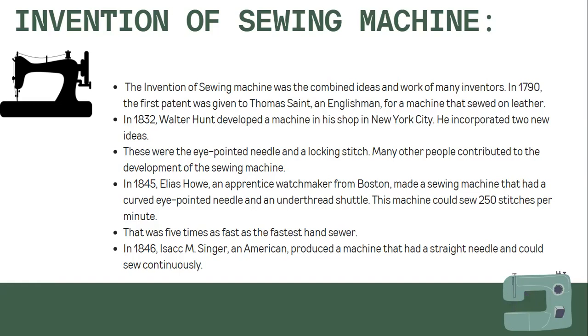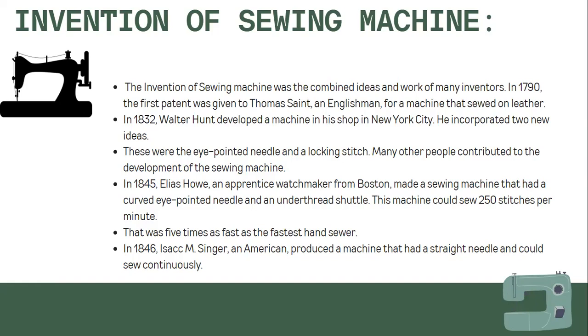In 1832 there was a better version, when Walter Hunt developed a machine in his shop in New York City. He also incorporated new ideas, such as different types of needles and the lock stitch. So many people contributed to the sewing machine.